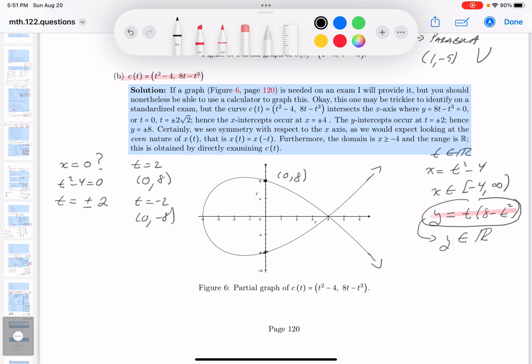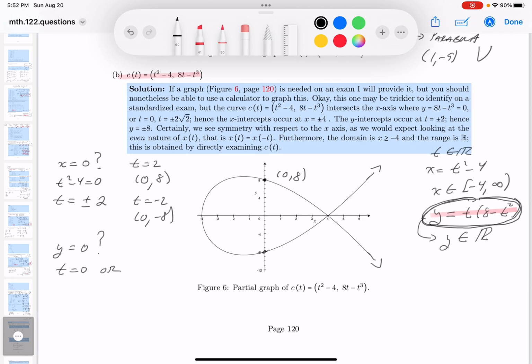All right, I'm going to look for where y is 0. More difficult. When is y equal to 0? All right, let's write that down. It's when t equals 0, or, again, I want to point out we're looking at this thing over here, or when t equals plus or minus the square root of 8.